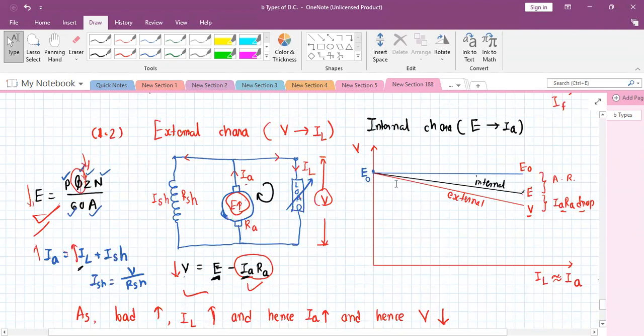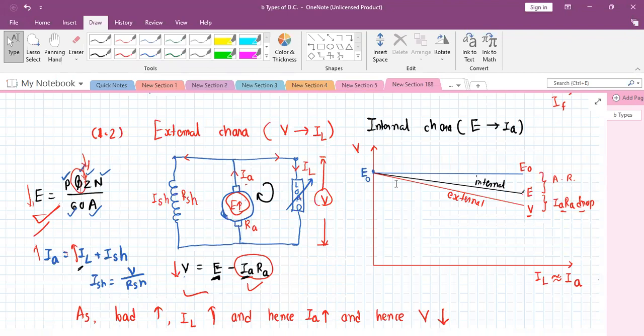Because if the load current is zero, the field current is not zero. Why? Because both are different circuits. This is one loop and that is the second loop. If the load current is zero, it doesn't mean that your EMF is zero. Why? Because ISH is still there, it is a closed circuit, and due to this current the flux will be there, and due to this flux the EMF will be there. So that's why it is starting from somewhat upside.